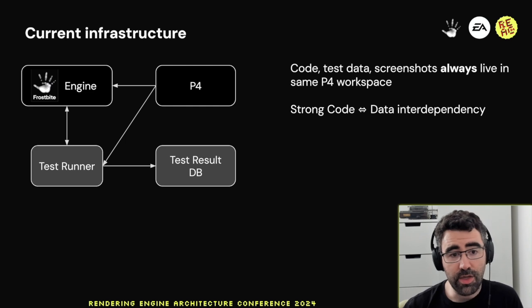In the case of screenshot tests, the test runner grabs the reference screenshot from Perforce and compares the reference screenshot with whatever the engine just produced, and then it sends all of that information to the central database that we have, which is a networked database where every single test that we run ends up in.